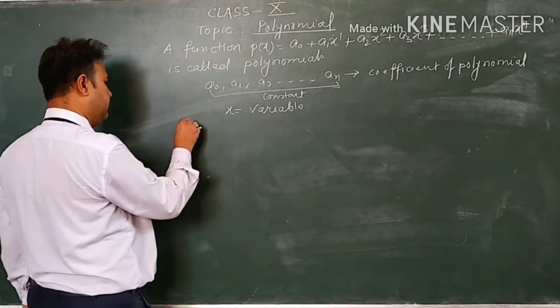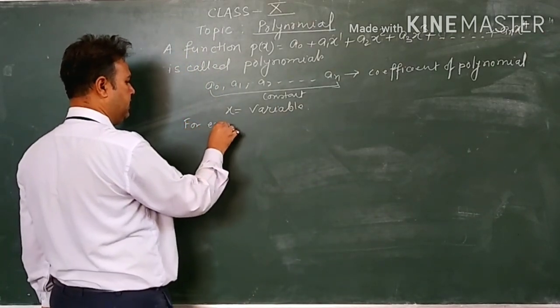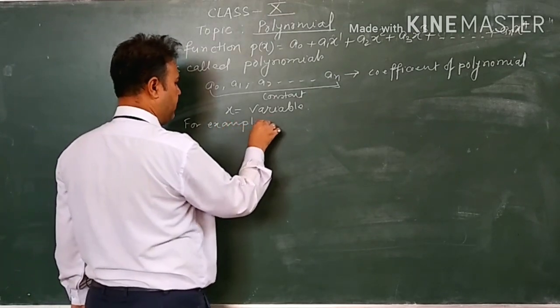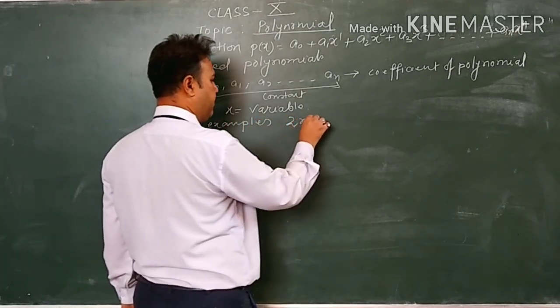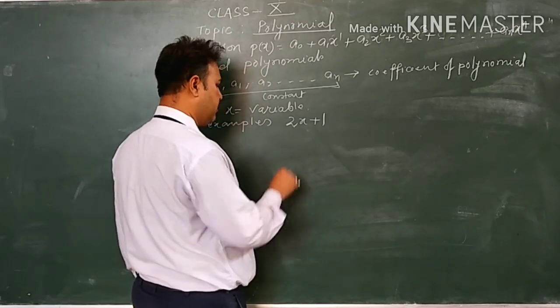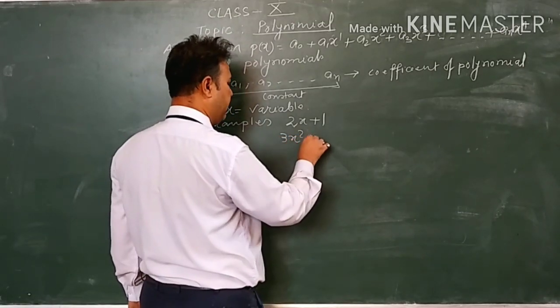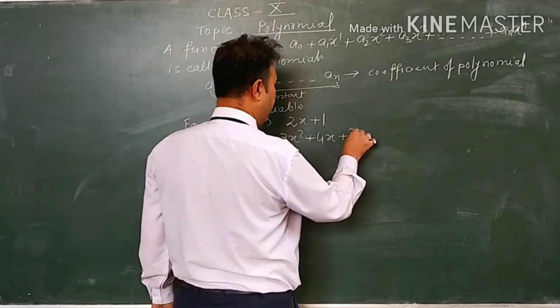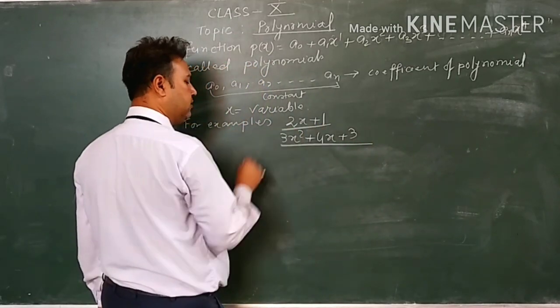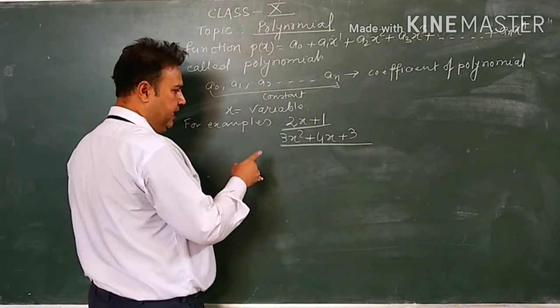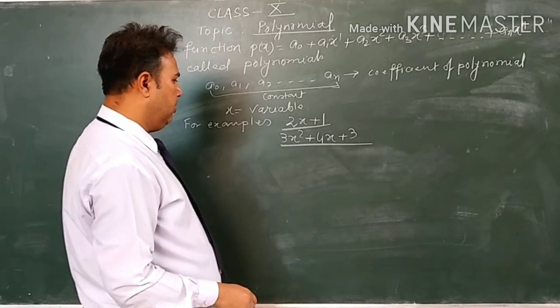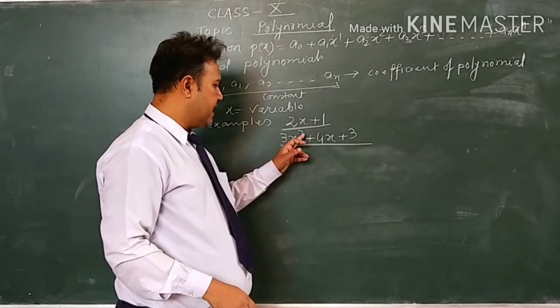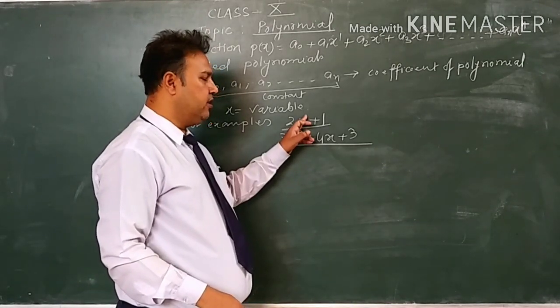For example, 2x plus 1 is a polynomial. 3x squared plus 4x plus 3 is also a polynomial. In these examples, we are looking at exponents. Maximum exponent 2, maximum exponent 1.